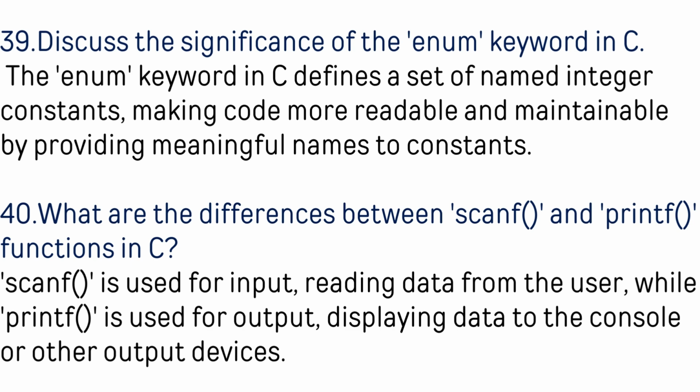Discuss the significance of enum keyword in C. The enum keyword in C defines a set of named integer constants, making code more readable and maintainable by providing meaningful names to constants.